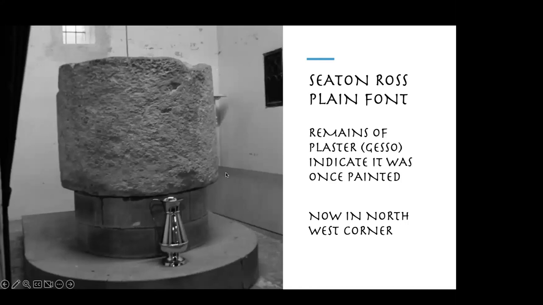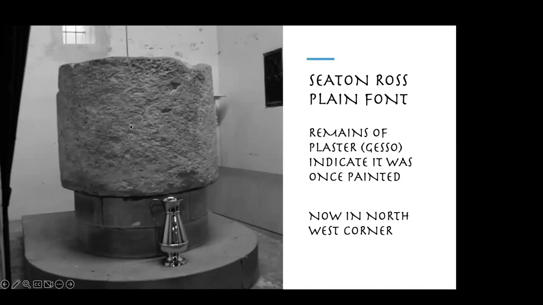But here we have, on the naughty step in the northwest corner, the Seaton Ross plain tub font. But this tells us that it was once painted. It's very difficult to see here, but there are remains on the stonework of plaster, of gesso. And that indicates that it was once painted. Now, if you try and paint straight onto stone, the paint just soaks in.